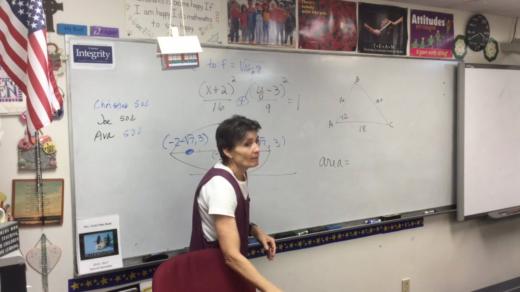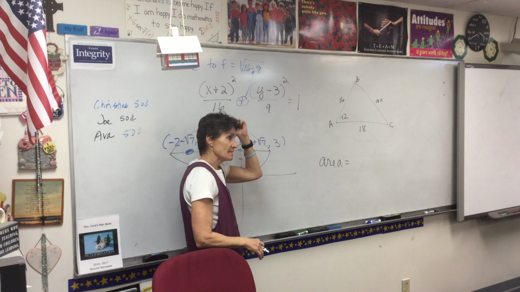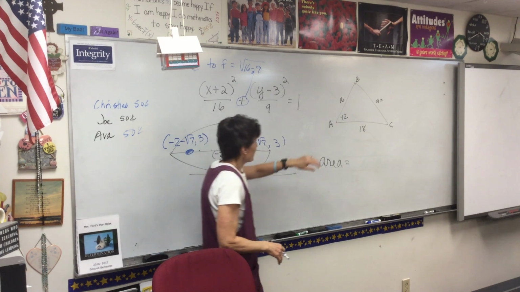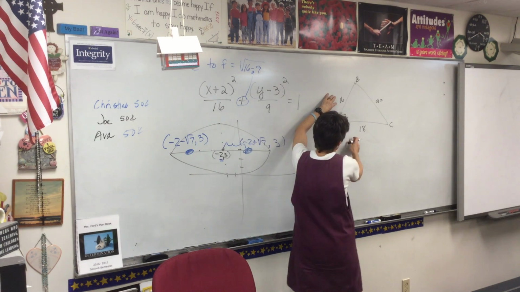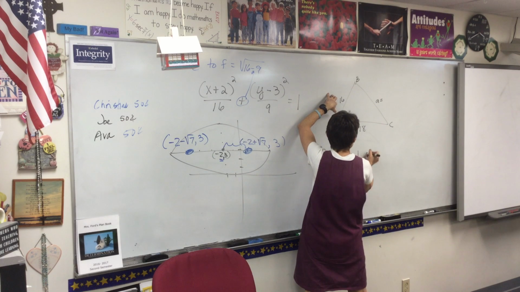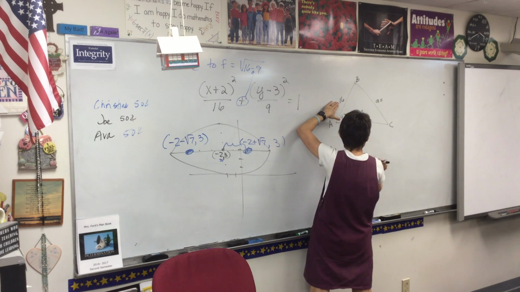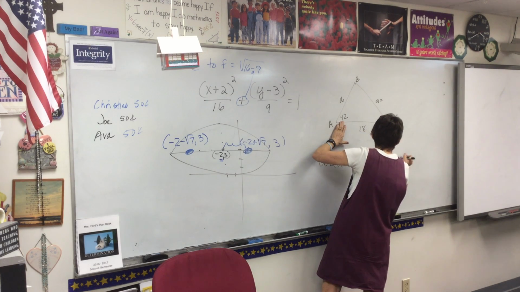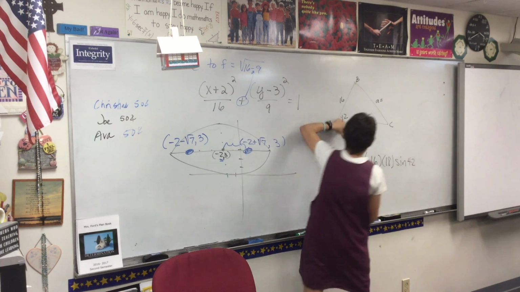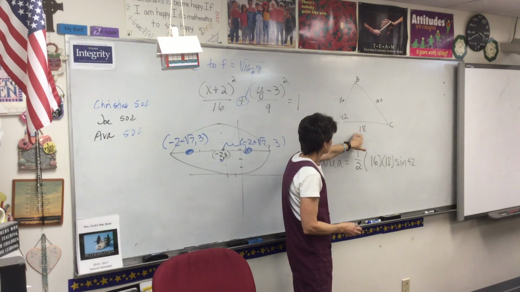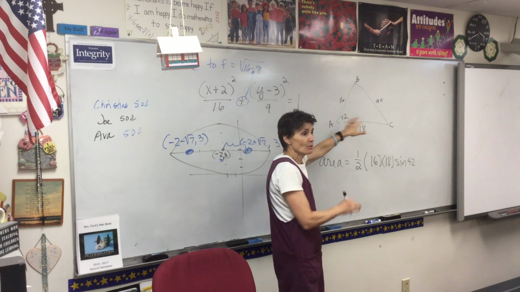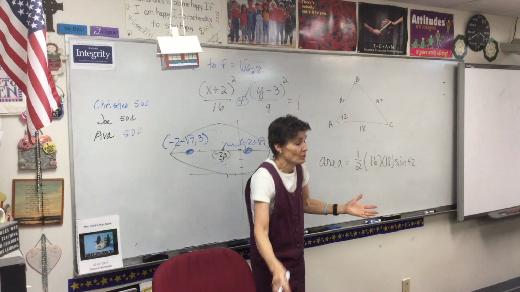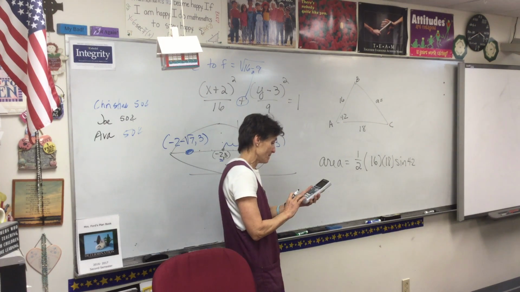Now, the area of the triangle is the easy part of this, because we have a formula for area that says 1/2 side times side times sine of included angle. There's no work to do. That's just it.